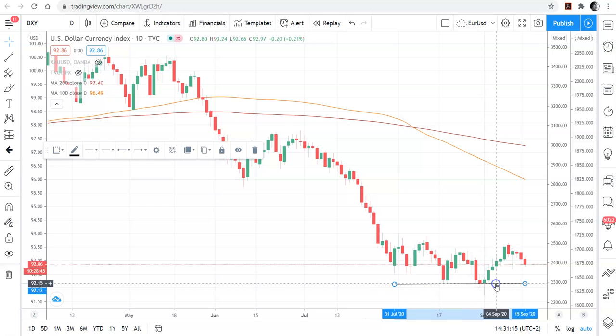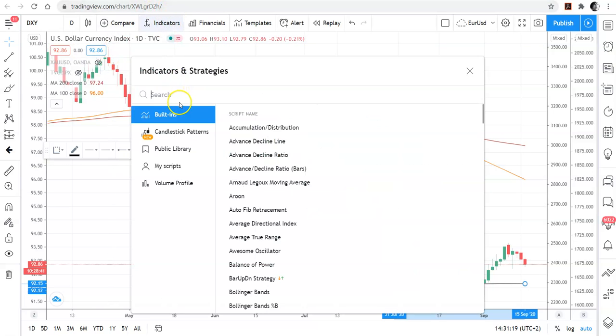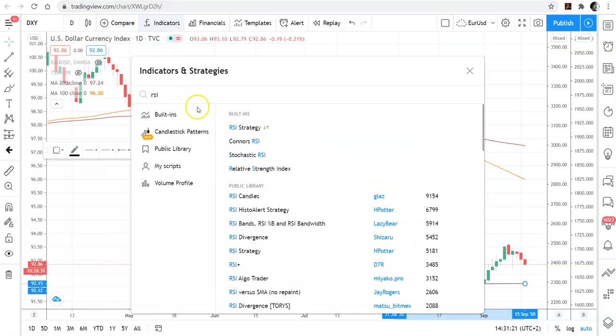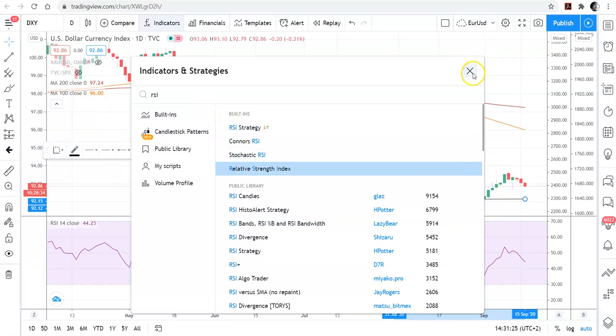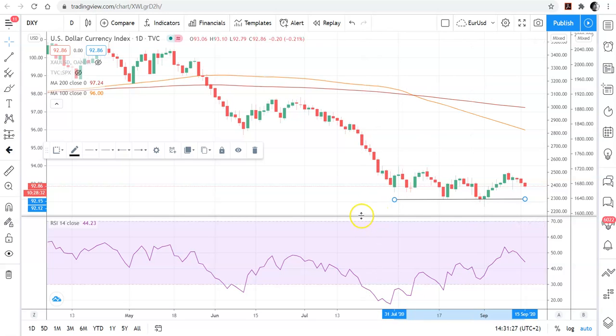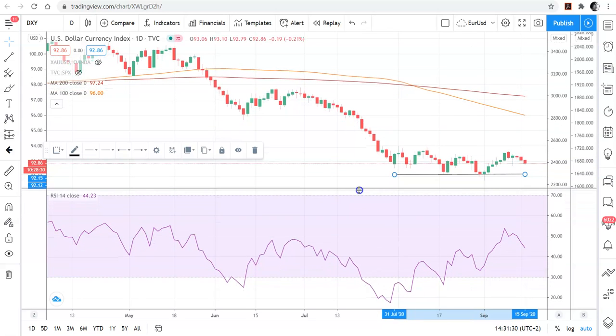Okay, so this also combined with another thing, which is an indicator. I'm going to put an RSI there, because this gives us an idea of divergence again. We don't really have volume for this as such, so we just have to go by price. Now, I've set it to 70-30, but I can be a bit more extreme than that.